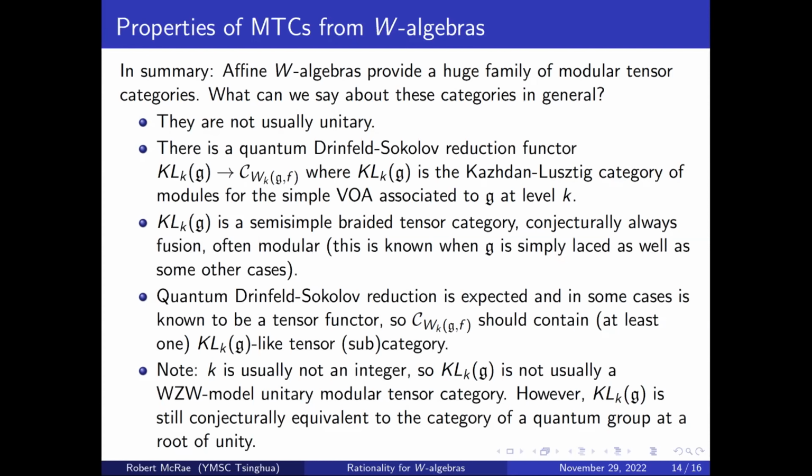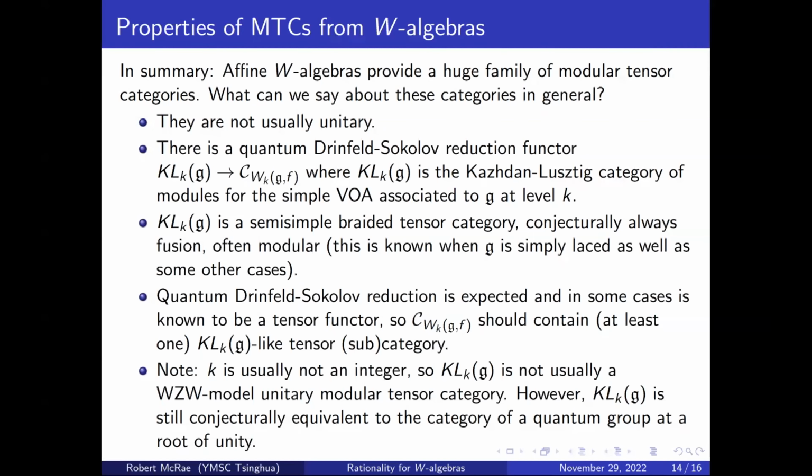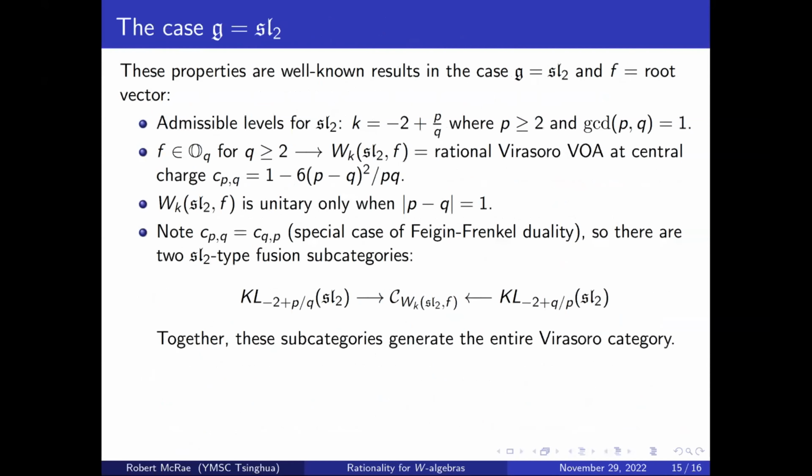But still, it's a nice braided tensor category, and we expect it to be equivalent to the category of modules for a quantum group at a root of unity, as is the case when K is an integer. So these are some of the properties that you would expect these W-algebra categories to have.